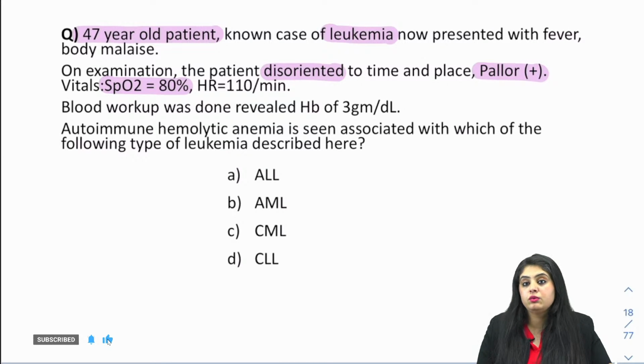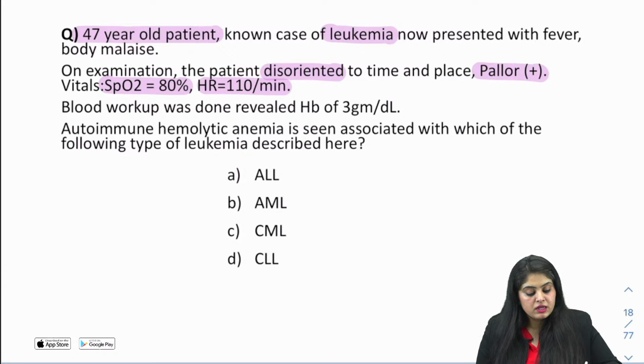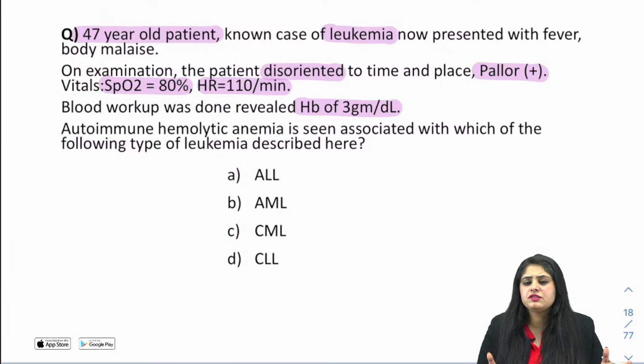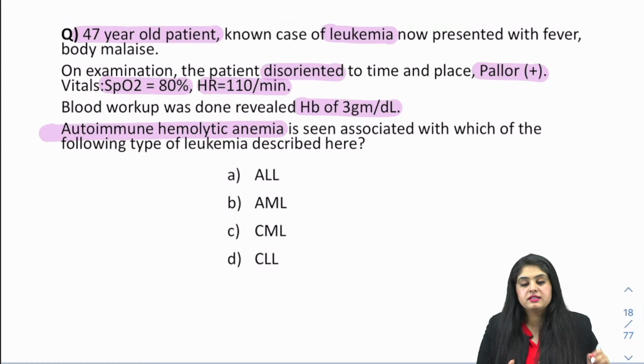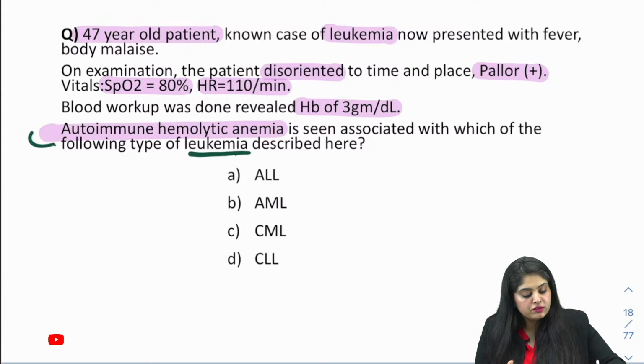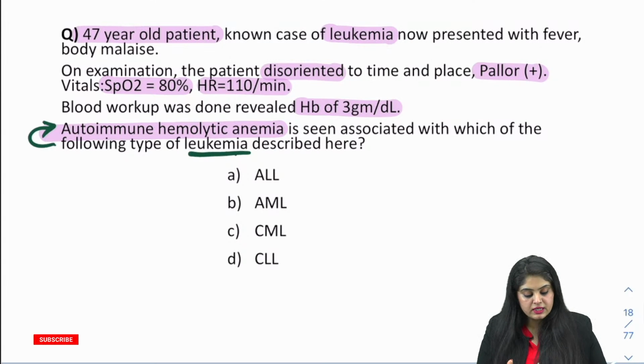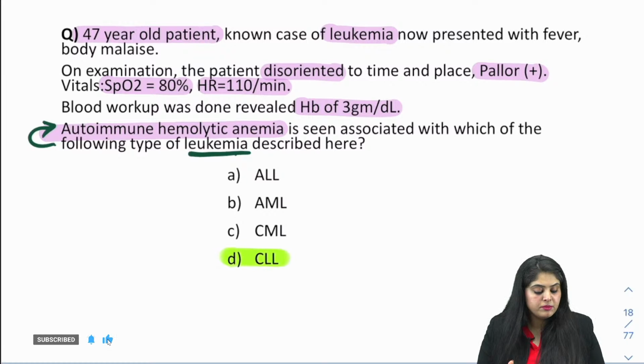SpO2 is very low, 80%. Heart rate is 110. Blood workup shows hemoglobin of 3 grams, a very severe anemia, and autoimmune hemolytic anemia is the diagnosis. Which is the leukemia that is associated with autoimmune hemolytic anemia? D is what everyone is answering, so I'll go with the majority of you.